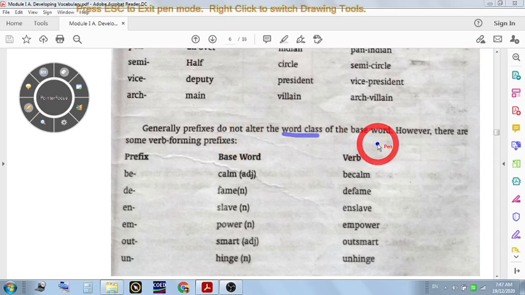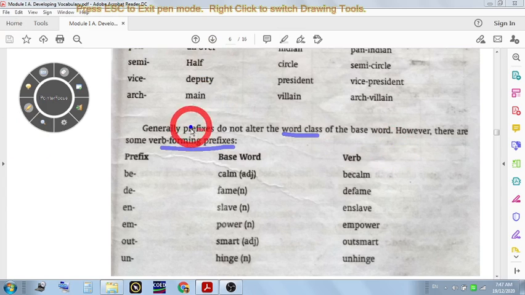However, there are some exceptions to this general rule. For example, kind is an adjective, and if you attach un to it, it becomes unkind, but it also remains an adjective.